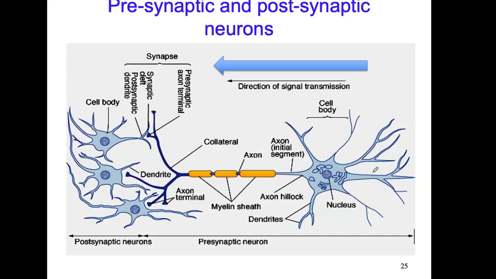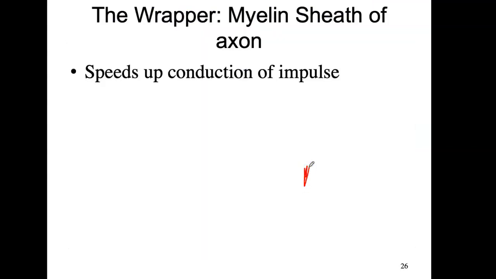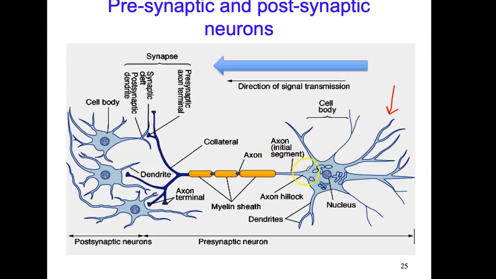So let's do it with this diagram here. If this is a cell body, it's going to receive an incoming message, correct? It's going to come over to the cell body, then it's going to leave along the axon and communicate with these other three cells here. Well, this section right here, which is the beginning of the axon, is called the axon hillock.